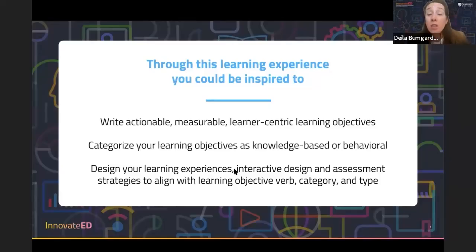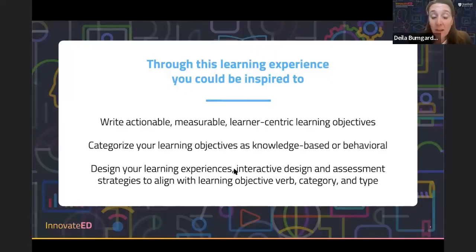I am not a huge fan of the learning objective starter of "by the end of this training, you will be able to." I like this: "Through this learning experience, you could be inspired to." So from your participation or engagement in this learning experience, I'm hoping that you will be inspired to write actionable, measurable, and learner-centric learning objectives.